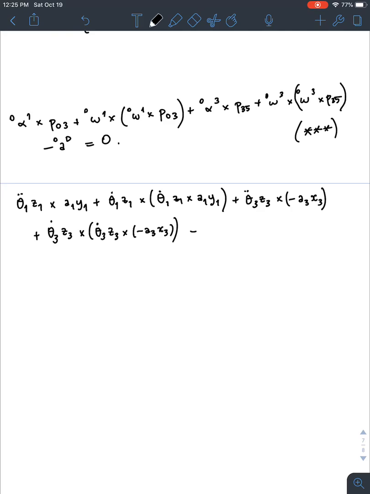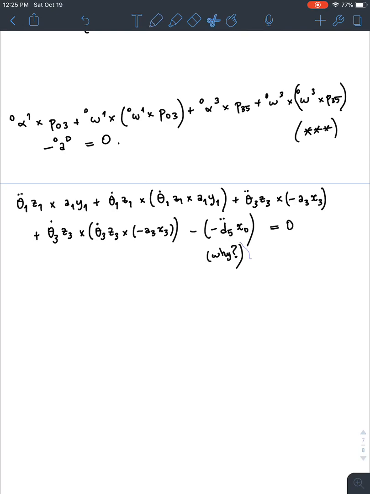Now that is going to be negative d5 double dot in the x0 direction. Why?